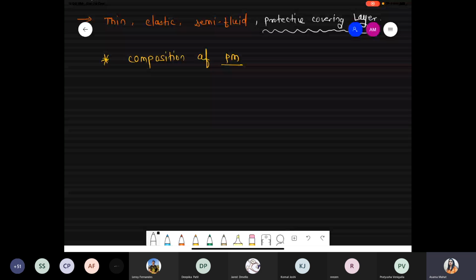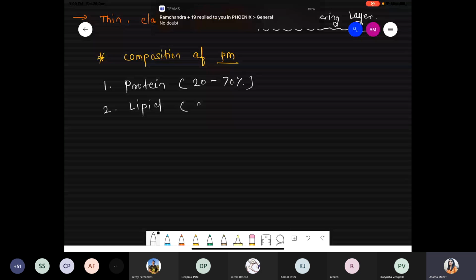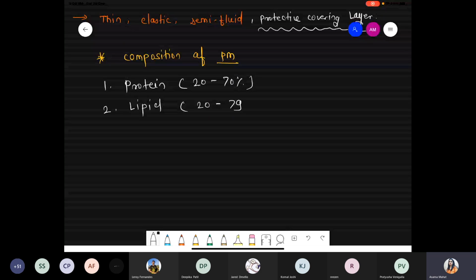Normally, protein is present 2 to 70%. Lipid concentration is approximately 20 to 79%. It's quite high. Third, the sugar part, that is the carbohydrate part, is quite less. It is only 1 to 5%.